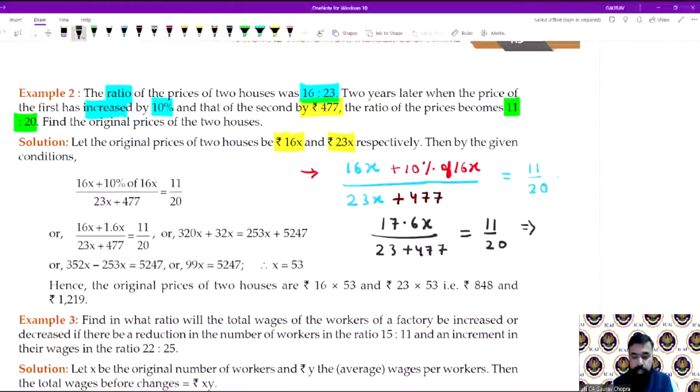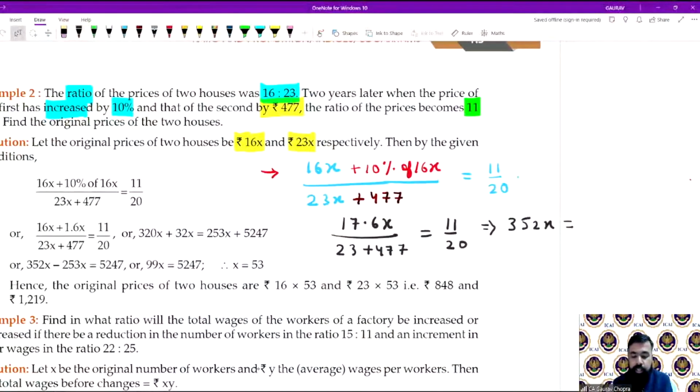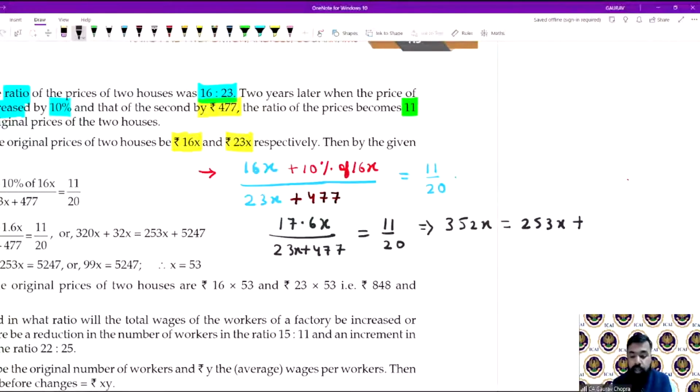On cross multiplication, how much are we getting? 352x is equal to 23x, sorry, 23x into 11 becomes 253x, plus 477 into 11 becomes 5247.